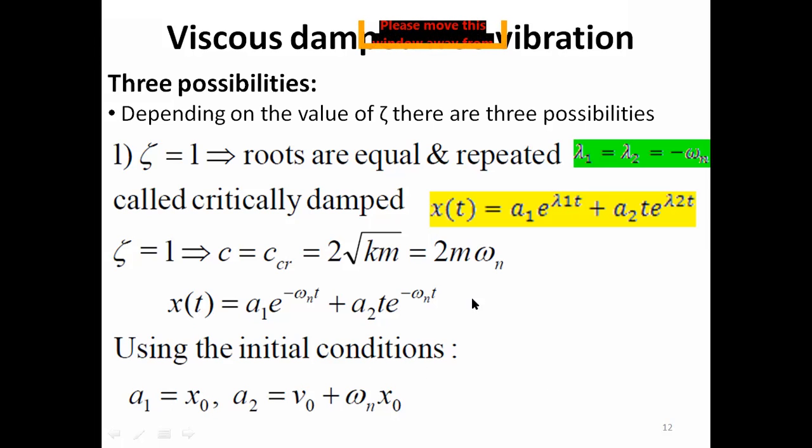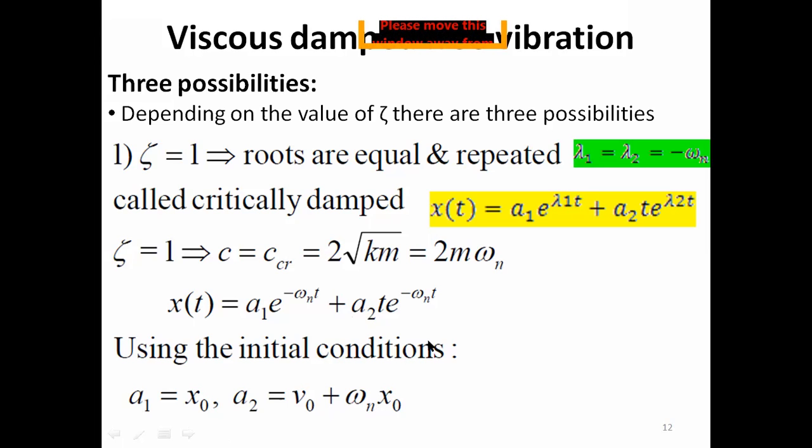And in order to use the second initial condition, which is x dot of 0 is equal to v naught, first you have to differentiate this equation with respect to time so that we get x dot of t. Once we have x dot of t, then you have to put 0 in that. So x dot of 0 is v naught, and we put a1 as x naught, and the only unknown in the equation then would be a2, and from there you would find a2 is equal to v naught plus omega n x naught.